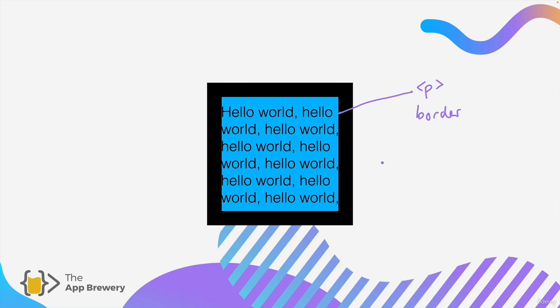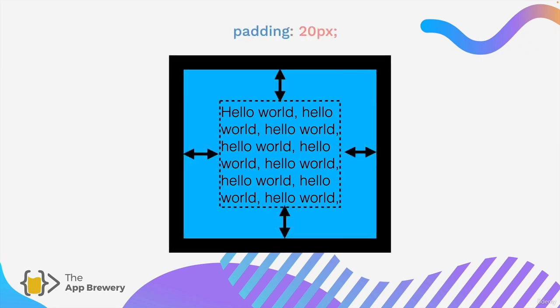If at this point I add a padding property to this element, then what would happen is it would push my border out by 20 pixels. And in this case, I'm pushing it by 20 on all sides. And notice how, again, in this situation, the height and the width of this box does not change. It's still the same. The padding simply adds this padding or space between the element and the border.